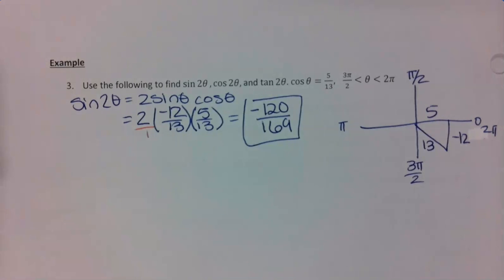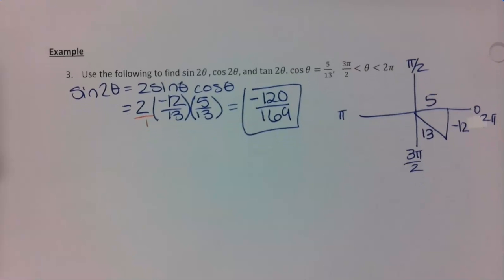If I could simplify it, I would, but this one doesn't. That's it for the sine of 2 theta. I still need to do cosine 2 theta and tangent 2 theta.